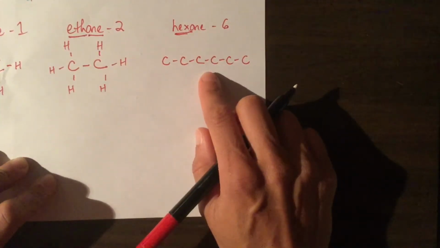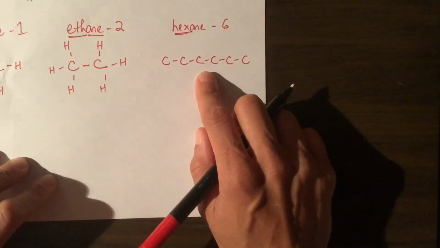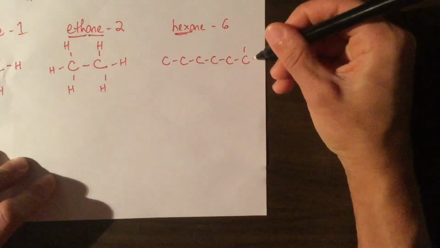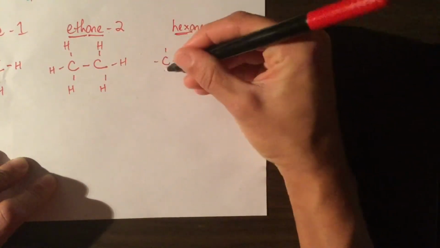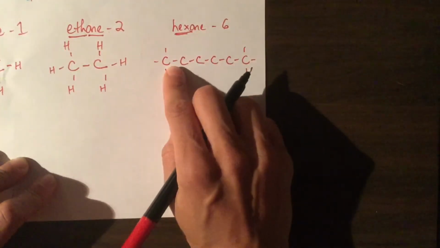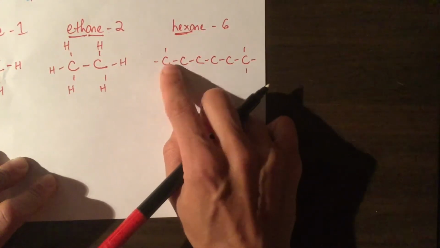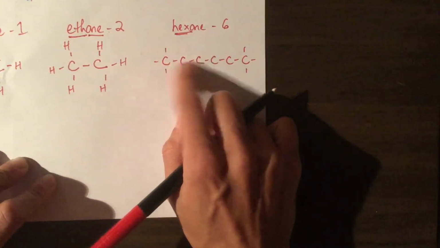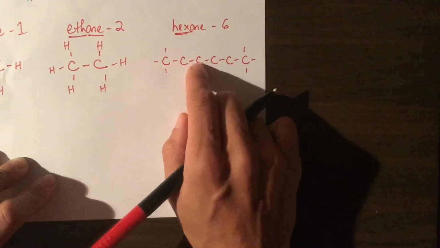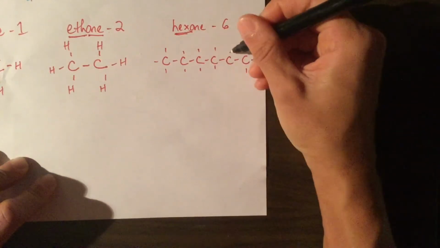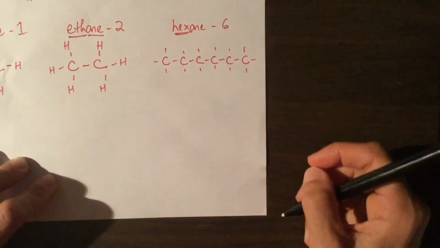Now here I've got to think a little bit more because I want to make sure that each carbon has exactly 4 bonds. So for these outside carbons, I'm going to add 3 more bonds because they only have 1 bond with the carbon beside it. However, all the other carbons have a bond with each of the carbons on the side of them. So it already has 2 bonds. So all of those ones on the inside, I'm going to just be adding on 2 more bonds.